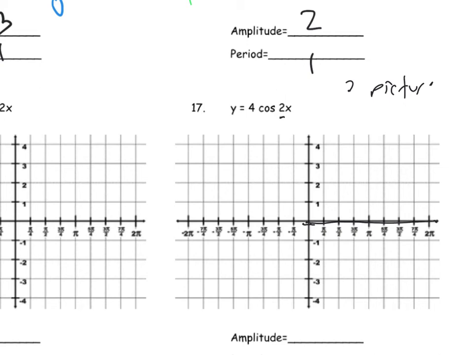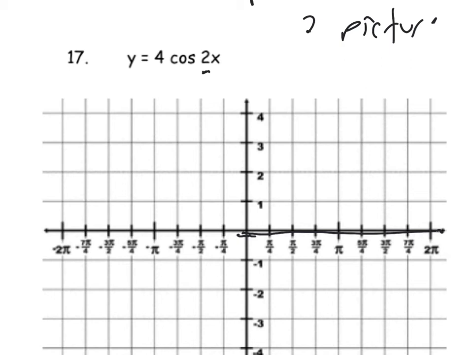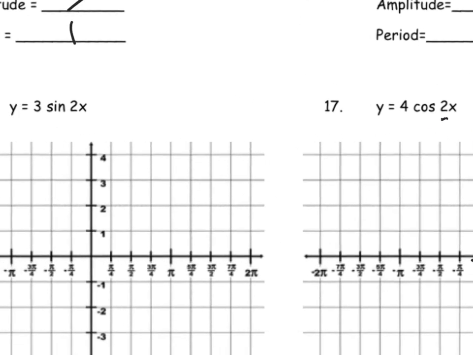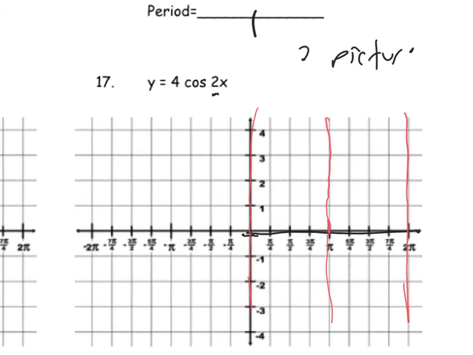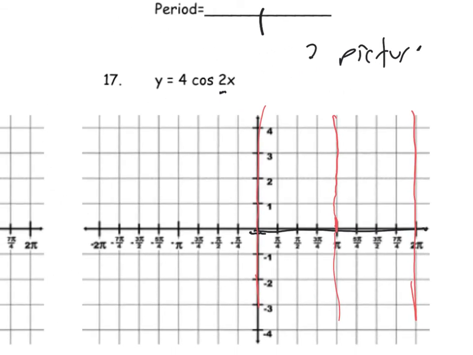So if I were you, I would cut this in half right now. I would cut it here at pi and say, here's one of my goalposts. Here's the other goalpost here. Because it doesn't shift left or right, and it doesn't shift up or down. So I get 2 pictures in here.